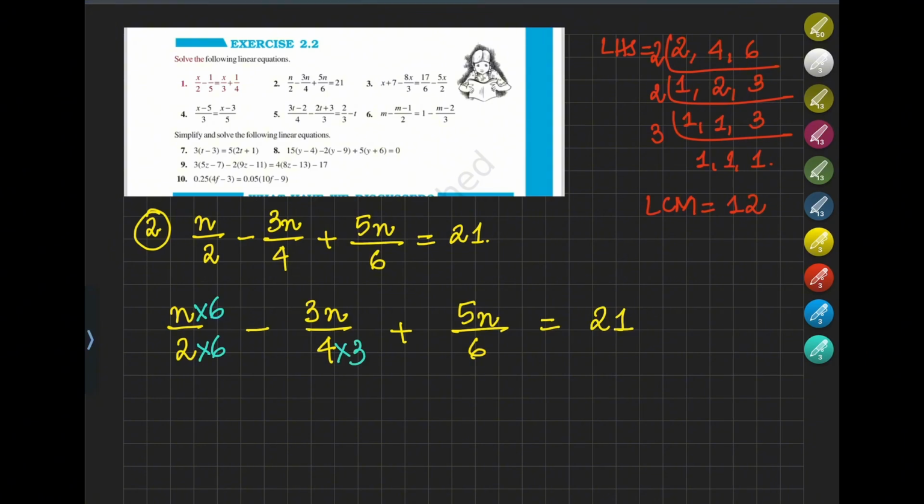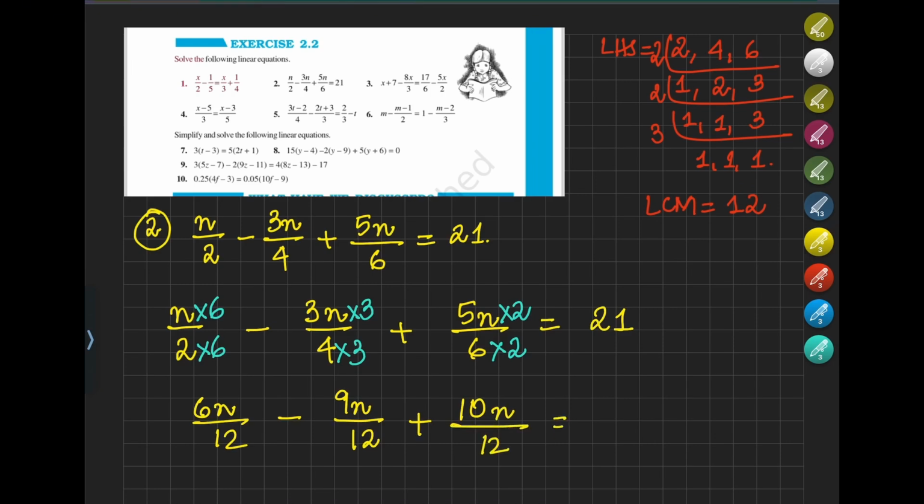Here I multiply the denominator with 3 to make it 12, so here also with 3. For 6 to make it 12, I need to multiply it with 2. So I get 6n by 12 minus 9n by 12 plus 10n by 12 is equal to 21.